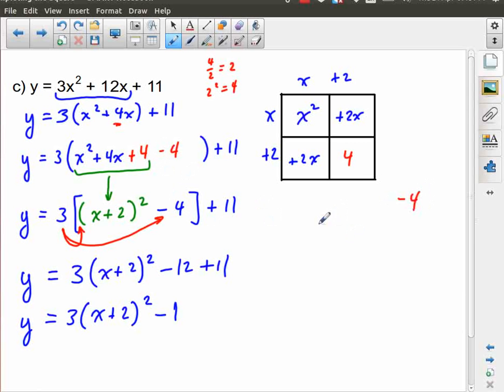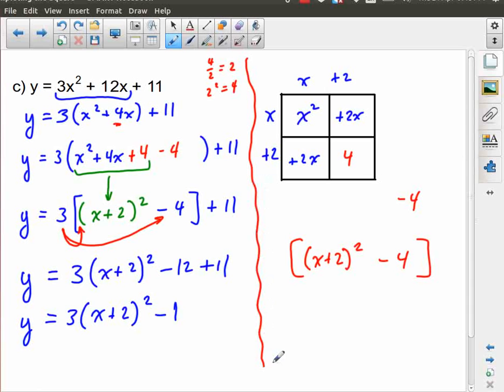So this inner bracket, using the area model, I'm able to make this square bracket. It's an x plus 2 all squared minus 4. But you still have to worry about this coefficient in front, and you still have to worry about this constant on the end. So an area model here is far from ideal, but it does help you with the interior stuff.